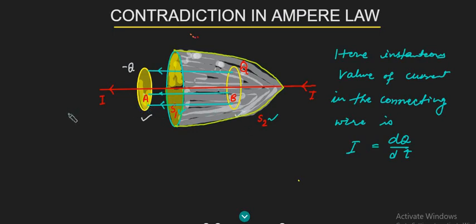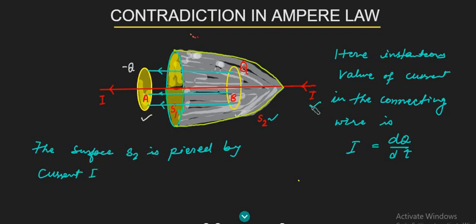The surface S2 is pierced by current I, because there is current I which is flowing through this part.